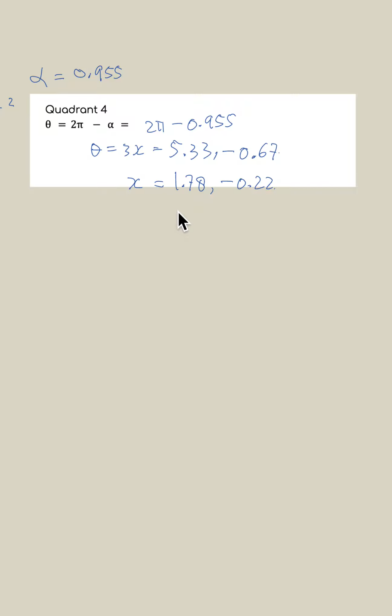Then we must present our answer. All the x values we must show them.